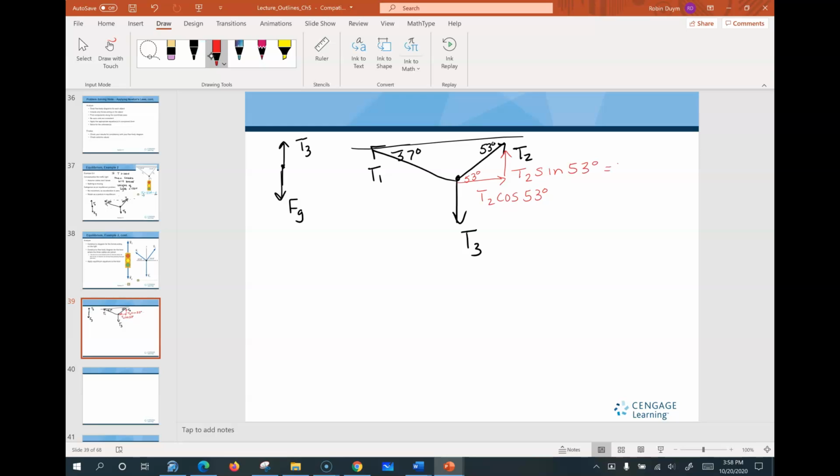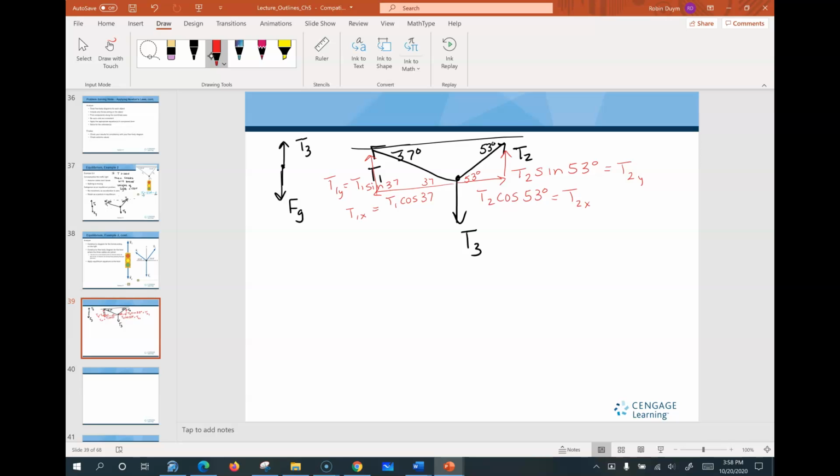All right, and if you want to be specific, you could say T2y, and that's T2x. Then you come over here, you do the same thing. It'll be T1 cosine 37, and that's your T1x, and your T1y is T1 sine of 37.